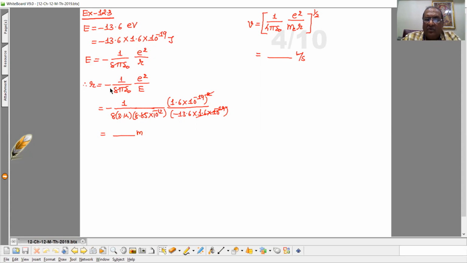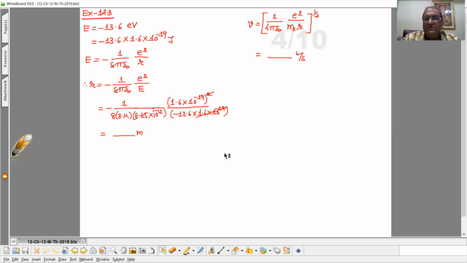So r equals minus 1 upon 8 pi epsilon 0 e square upon E. So minus 1 upon 8 into 3.14 into epsilon 0, 8.85 into 10 raised to minus 12, then e square, 1.6 into 10 raised to minus 19 whole square, divided by minus 13.6 into 1.6 into 10 raised to minus 19. Then solve this one. You will get the radius of the orbit.